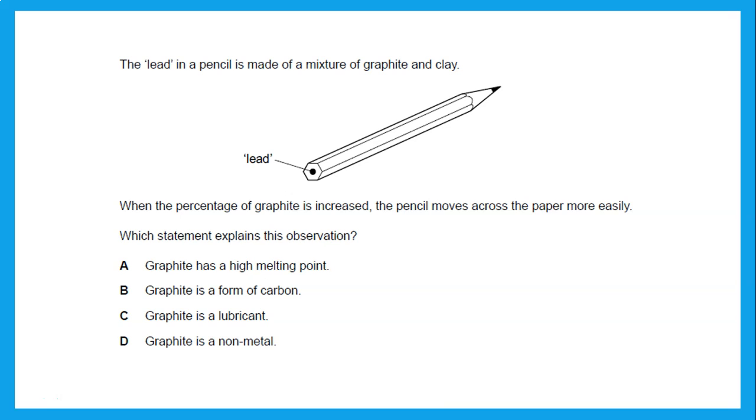Now, which statement explains why graphite moves easily over the paper? Of course, it's not because it has a high melting point or because it's a form of carbon. We said graphite is a lubricant. It's soft, its layers can slide over each other because the layers have weak attraction forces between them.